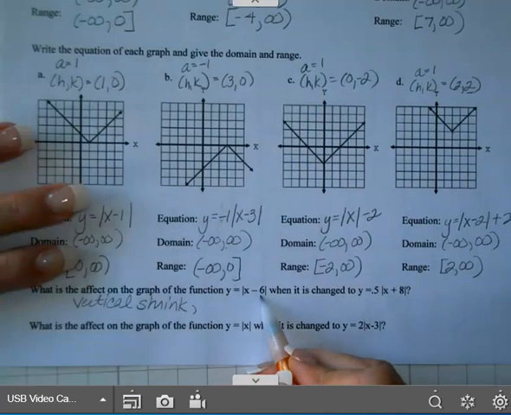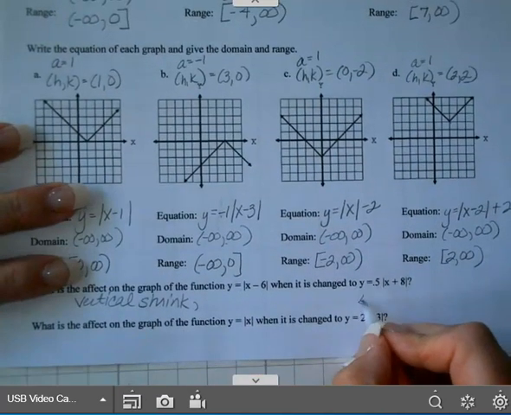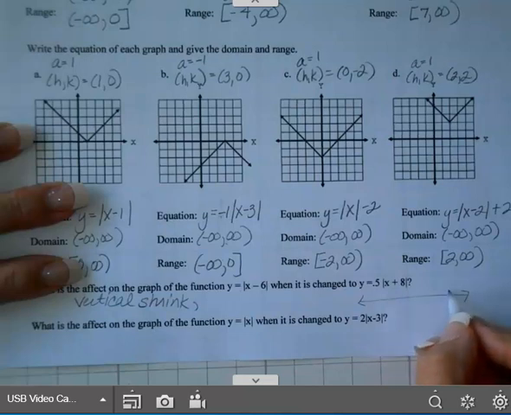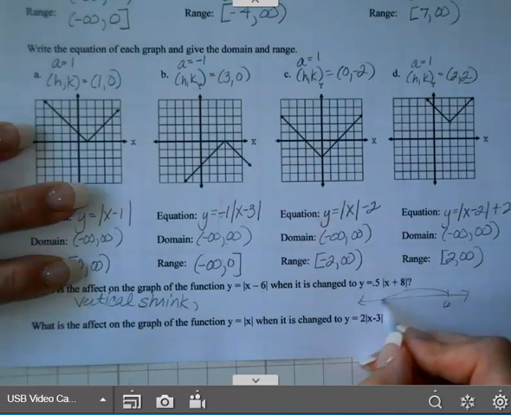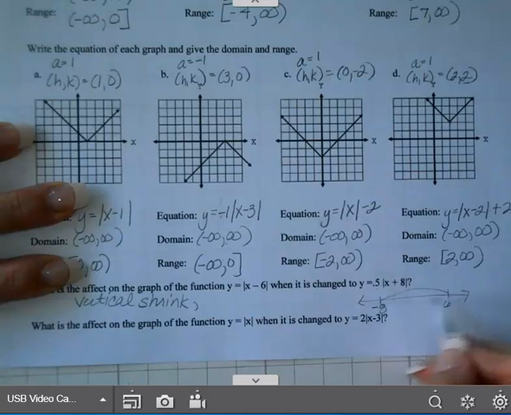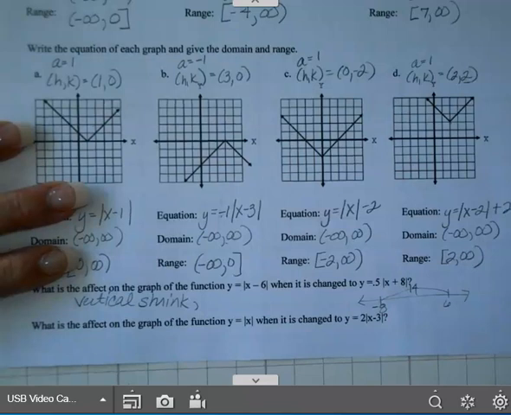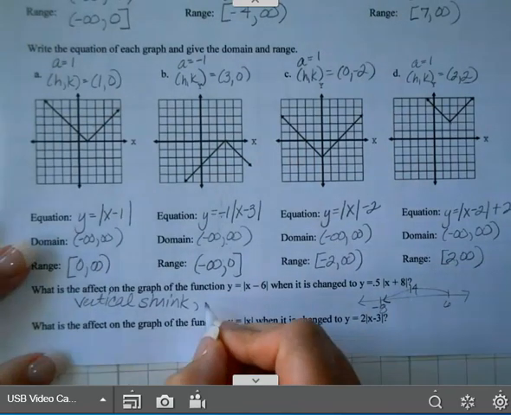And it was 6 to the right. So it started out at 6, and it ends up with h at negative 8. And if you do 6 minus negative 8, you'll see that's a difference of 14. So it went 14 units to the left.